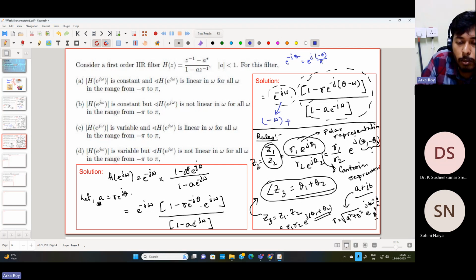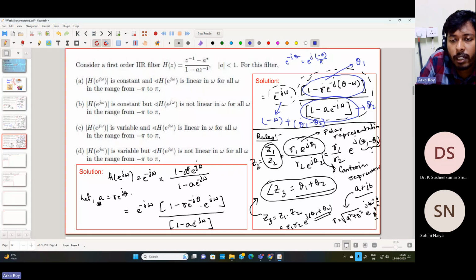Then there will be a plus sign, because we already have seen that it would be plus, because I will get some angle representation from this composite block. Let us consider here the total angle for this particular thing is theta 1, and for this particular part I will get theta 2. So it will be theta 1 minus theta 2. So we need to evaluate what is theta 1 and theta 2, and then we can see whether the phase relation is linear or not.